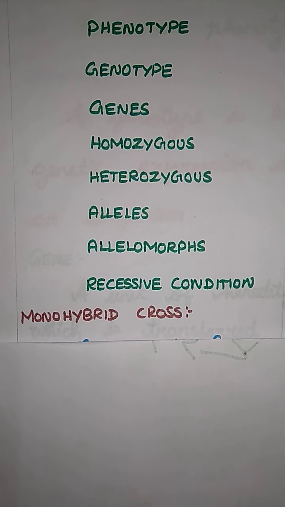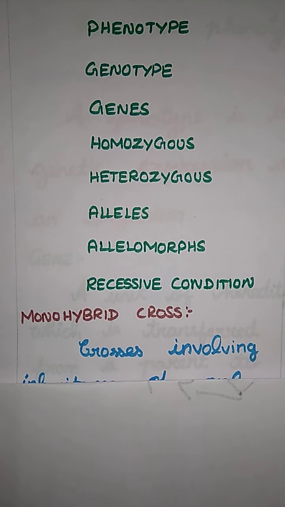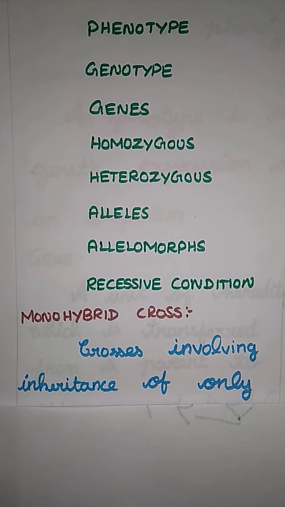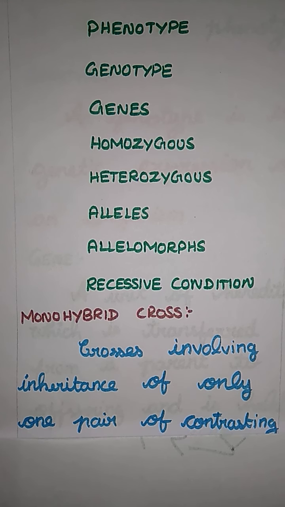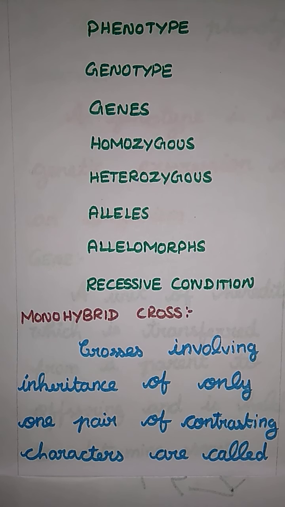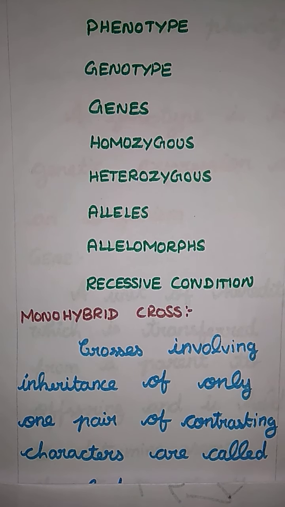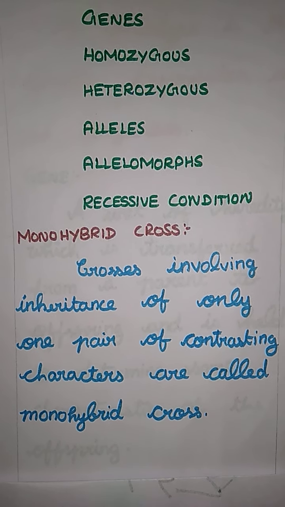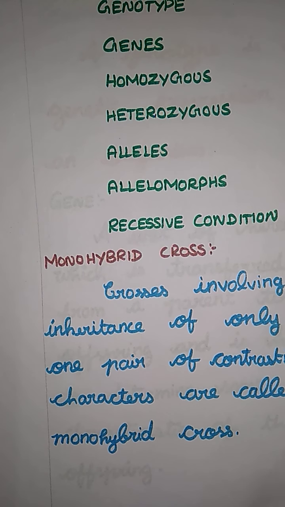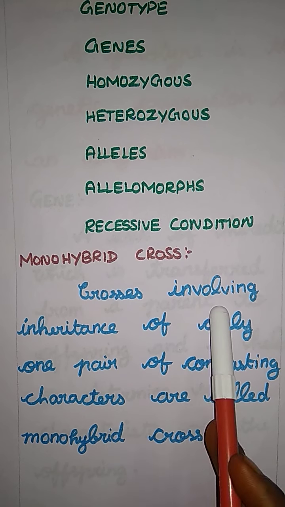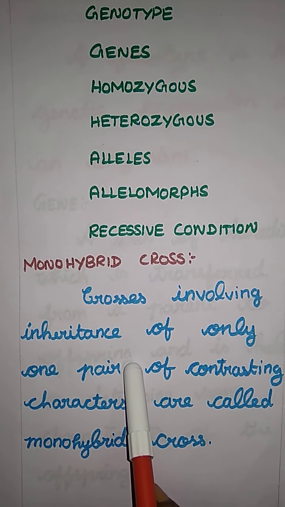We already said what a monohybrid is; let me see it in definition form. A cross involving the inheritance of only one pair of contrasting characters is called a monohybrid cross. Something is crossed or involved in that.